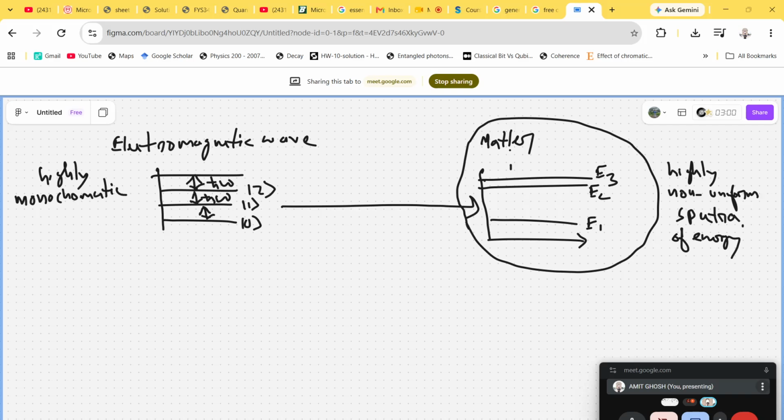That's why we have written a single frequency omega. This light is made up of quanta of energy called photons, and each quantum is h cut omega, that means one photon energy. So omega is just a single number, assuming it is highly monochromatic. So this is interacting with this matter, which has a highly non-uniform spectrum.